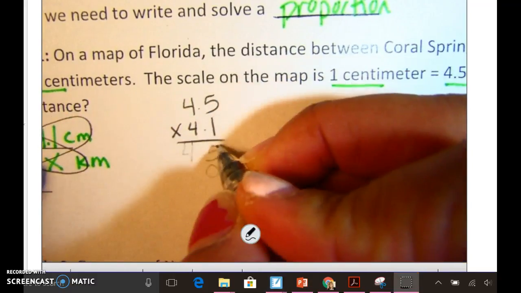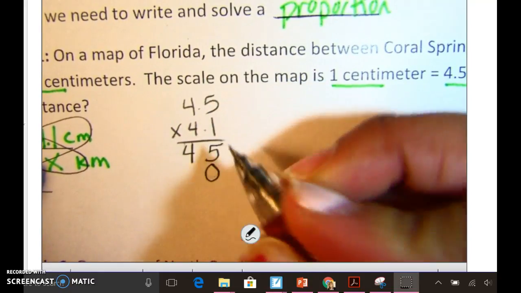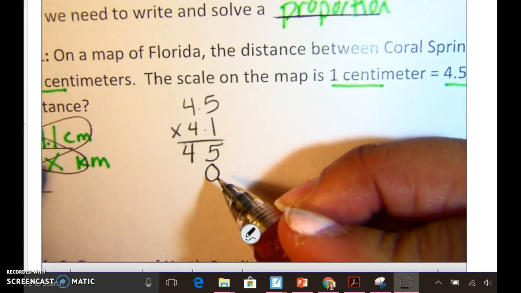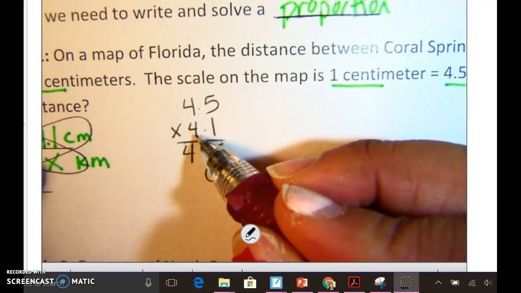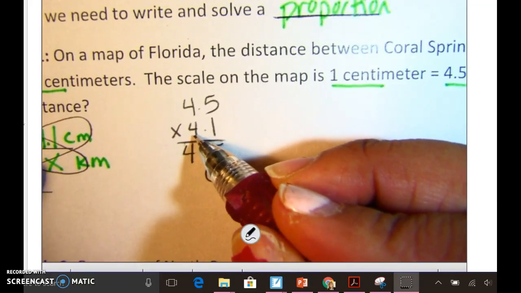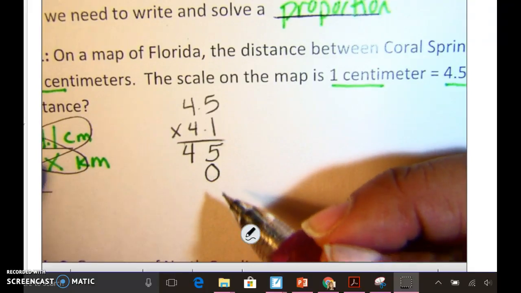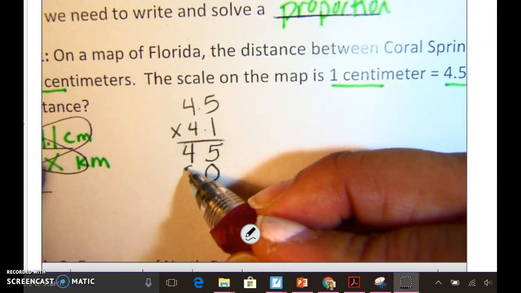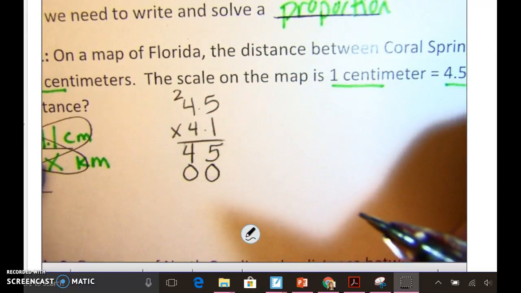So let's see, 1 times 5 is 5, 1 times 4 is 4. Then I have to put a 0 to hold the place when I go to the next line, because this represents that I'm not multiplying times the 1's place, I'm multiplying times the 10's place. So this is like 40 times 5 and 40 times 4. That's what that 0 helps me to do. But 4 times 5 is 20. I need a 0 here. I carry the 2. 4 times 4 is not 8, because you're not adding.